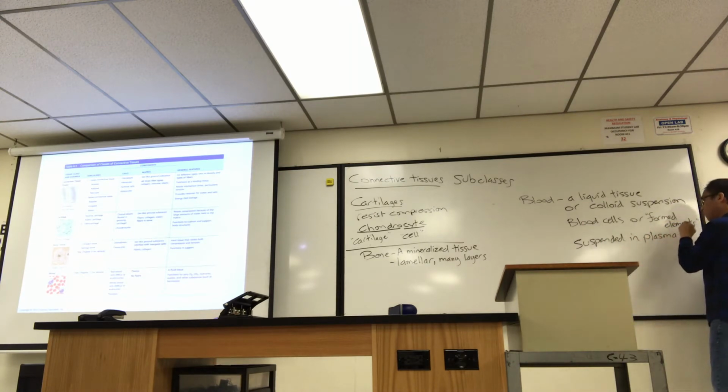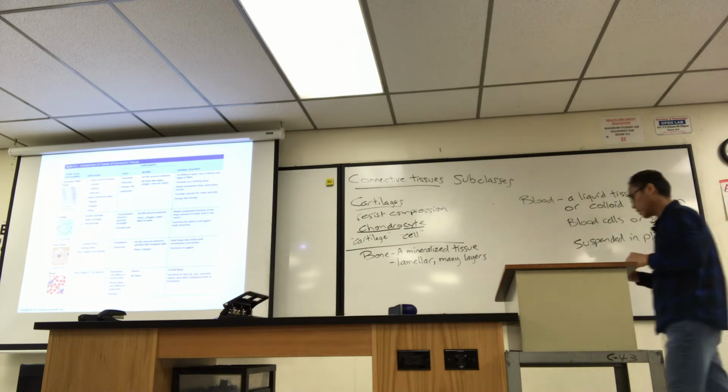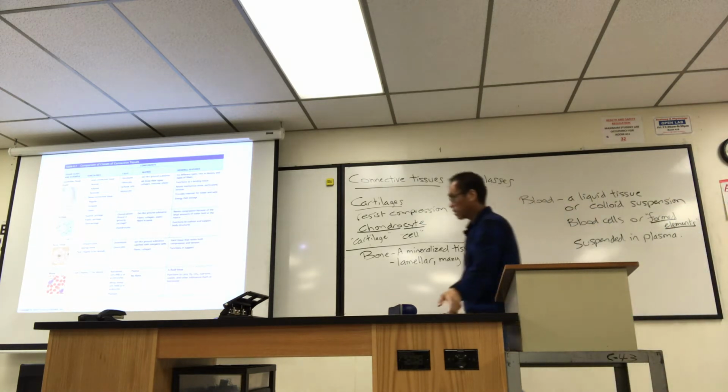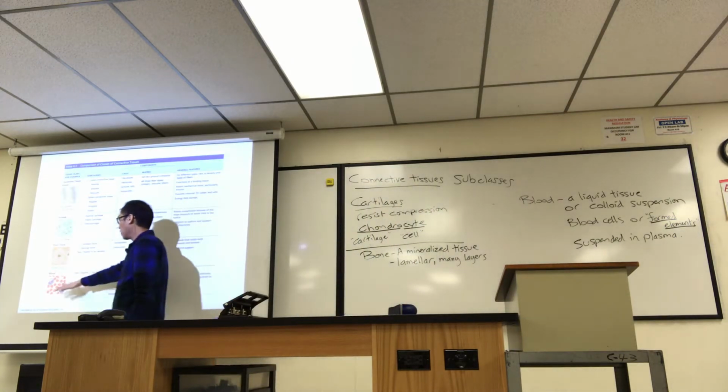And when you look at a drop of blood, you don't see the plasma, you just see these formed elements. And I'll just identify a couple of them for you. You should be able to tell this cell from that cell. So that's all you notice for cells of the blood. You're either a red blood cell or a white blood cell, and I'll tell you how to tell the difference.